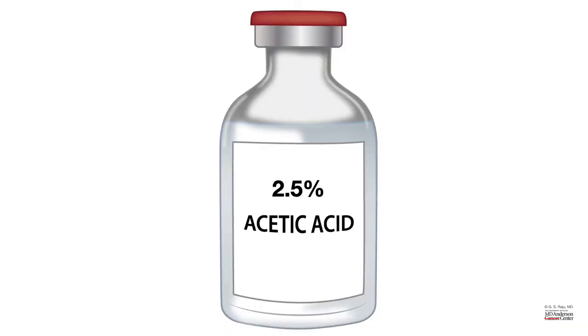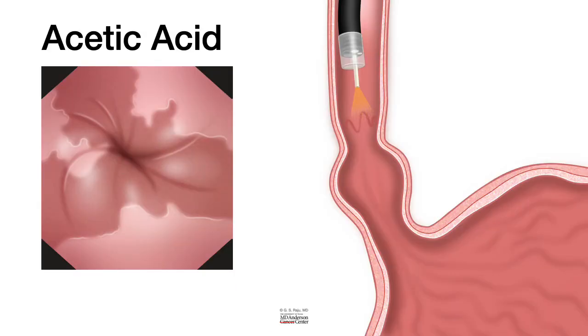Next, let us look at acetic acid, and this is vinegar. When you go in and spray acetic acid onto the Barrett's esophagus, the Barrett's esophagus turns white. It is called acetowhitening. And the dysplastic cells don't keep that whitening for a long time.